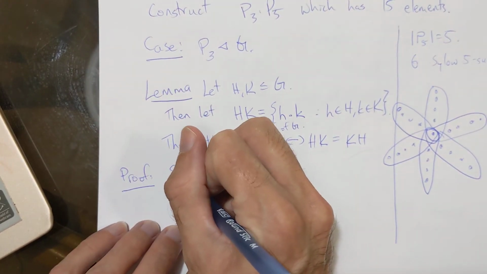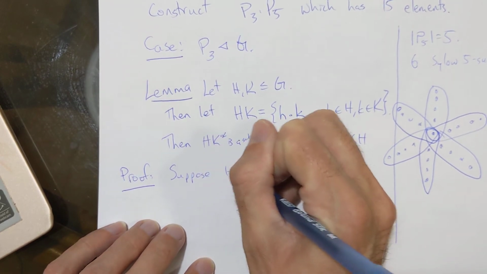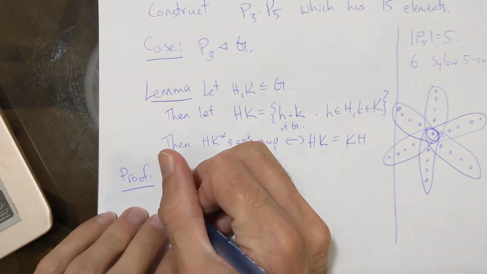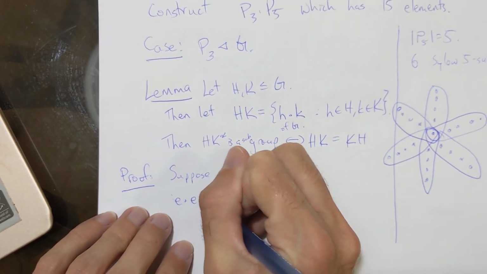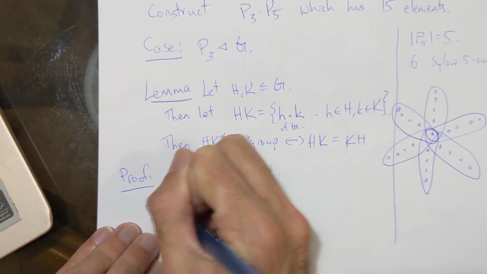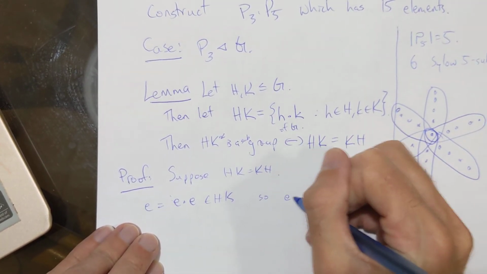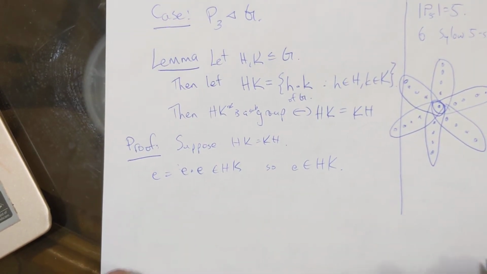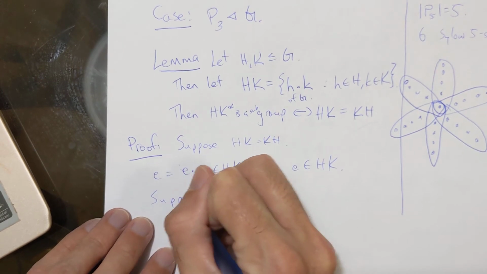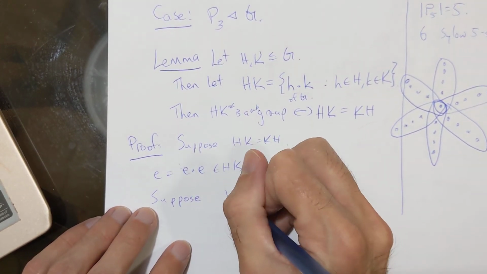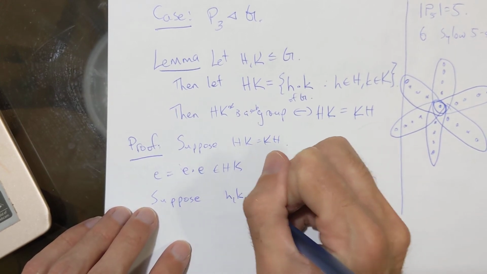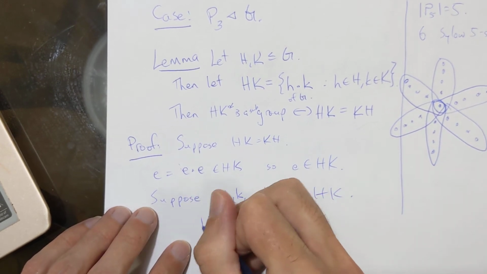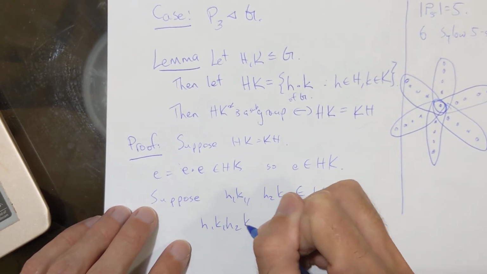Let's suppose HK equals KH. We have to show HK is a subgroup. First of all, e times e is in HK, and that's just the identity. So e is in HK, so HK is not empty. And let's suppose h1k1 and h2k2 are both in HK. Then we have h1k1h2k2.